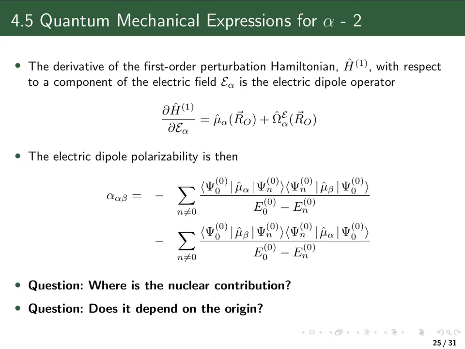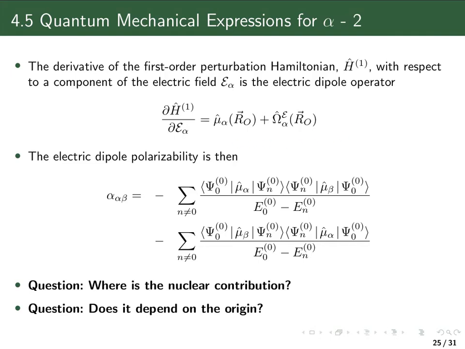So if you take the derivative of the first order perturbation operator, as we have it in the presence of an electric field, which we derived in one of the last sections of chapter 2 of the book, with respect to a component of the electric field, we get two operators.